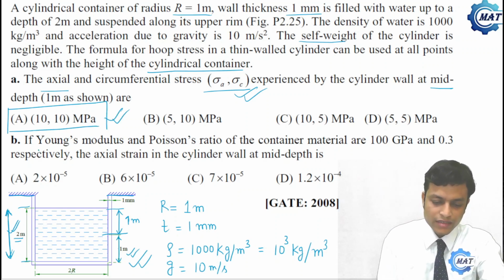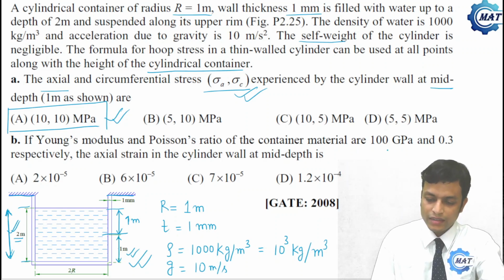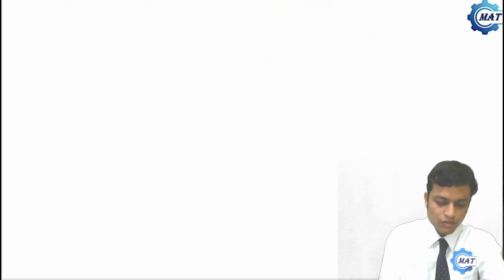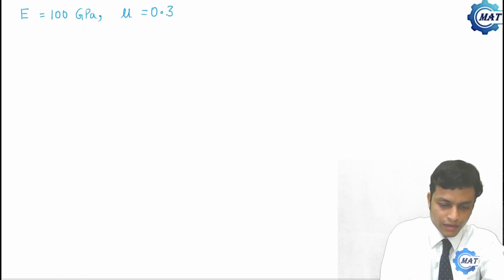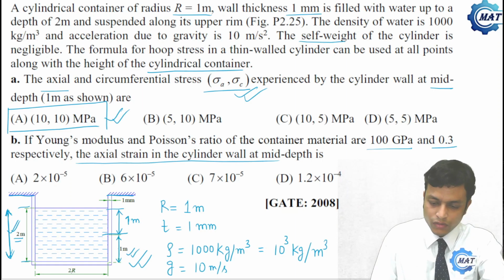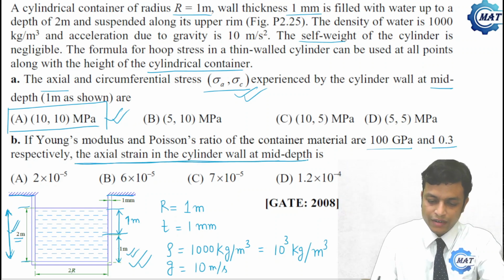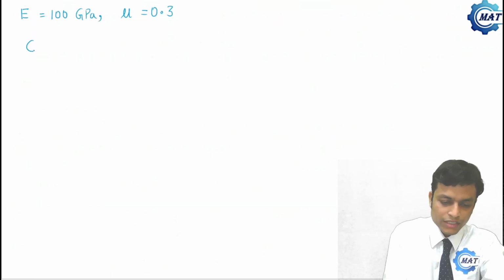Now in addition, it is given that Young's modulus and Poisson's ratio of the container material are 100 GPa and 0.3 respectively. We have to calculate the axial strain in the cylinder wall at mid depth. So E is 100 GPa and mu is 0.3. What is axial strain?